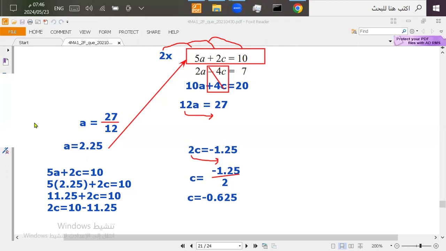This means that a equals 2.25 and c equals negative 0.625. And this is how you answer simultaneous equations. Focus on making the variables have the same coefficients and different signs. Now, if we have the same signs, it means we have to multiply by negative 1 to change one of the equation's signs. Now, let's move on to the next question.